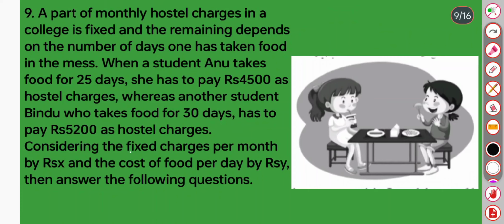Whereas another student Bindu takes food for 30 days, where she has to pay rupees 5200. Now we need to answer the question, but they have given one more condition, that the fixed charge we have to take as rupees X, and food per day you have to take as rupees Y. Okay, so based on this given information you have to answer the question. Let's see our first question. What is given?